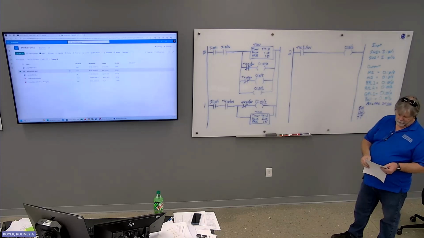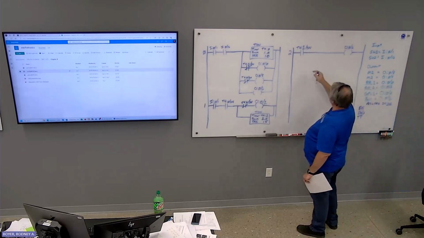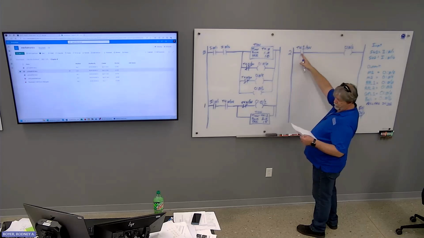Finally, 5 seconds after the process and step 3 has been carried out, both motor 1 and motor 2 turn on. Okay, so this is when step 2 gets, or step 3 gets done. Right?